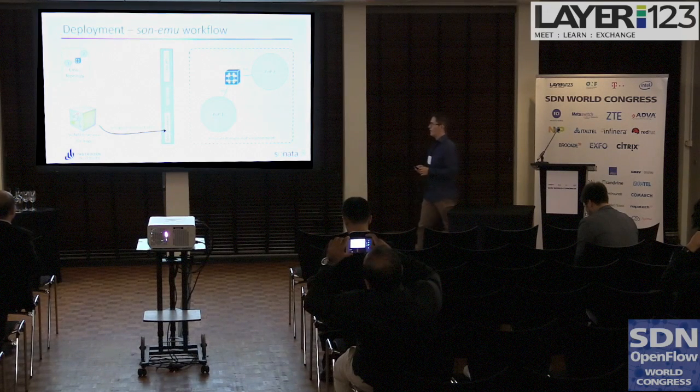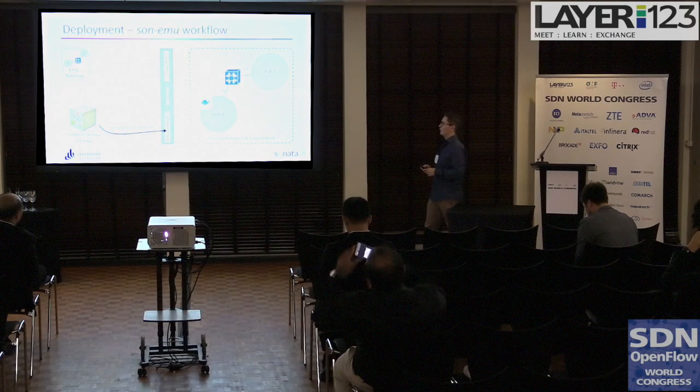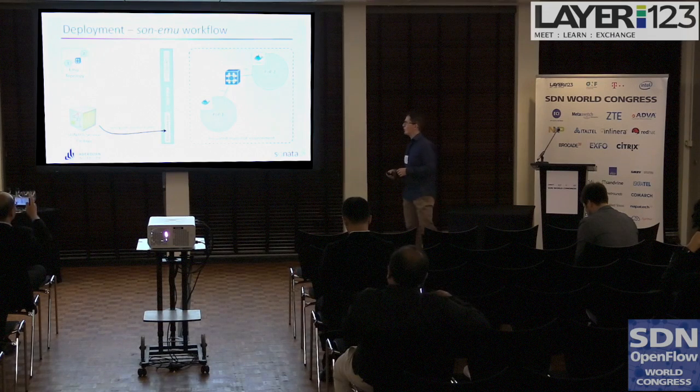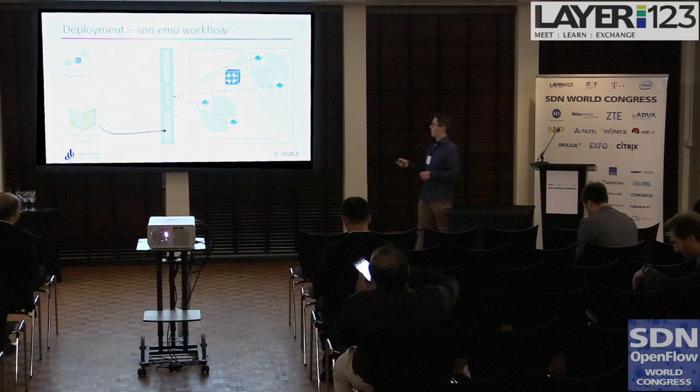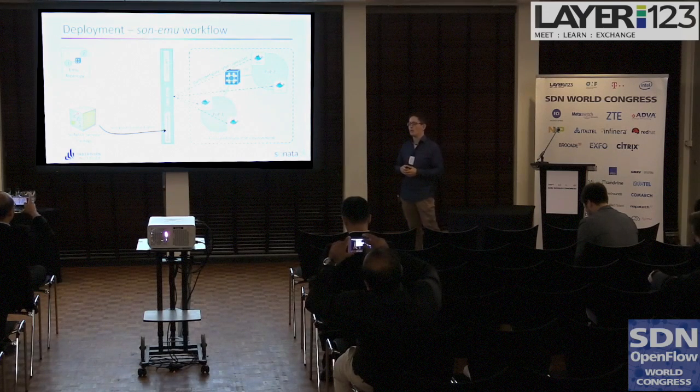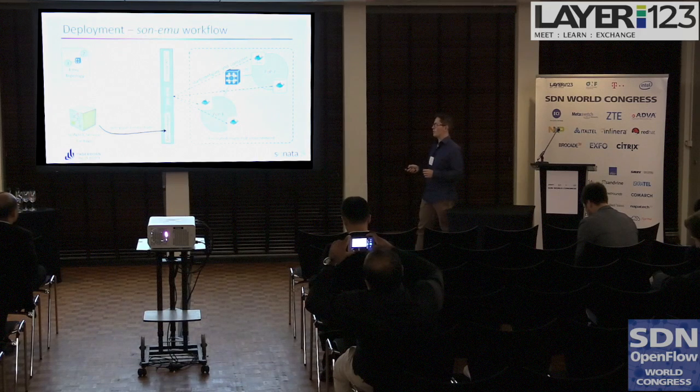At this point in time, our emulation platform will start the service, normally in the form of Docker containers. So it will automatically deploy and configure our network service chain. And it additionally also deploys so-called service access points, which are basically additional containers which you can use to generate traffic, which is then sent through the service.